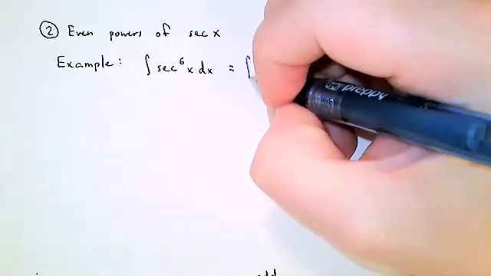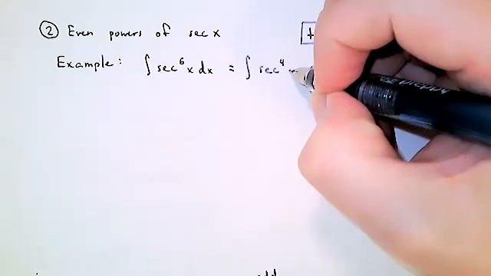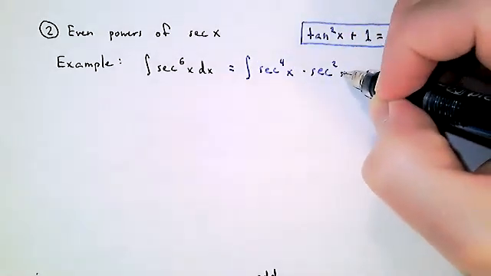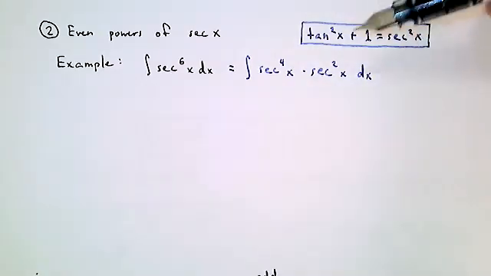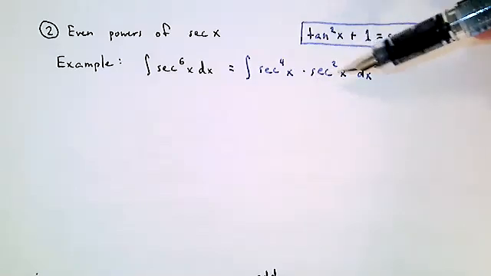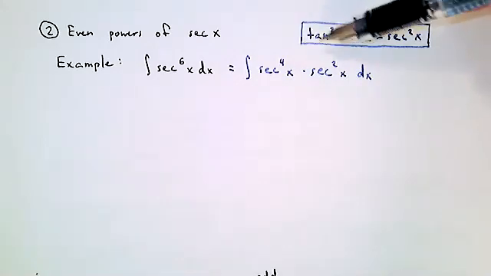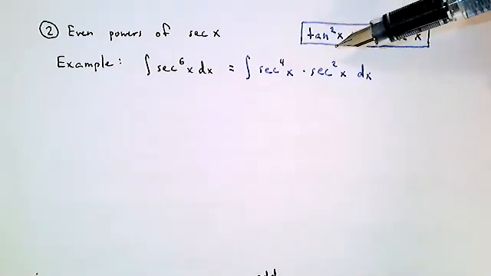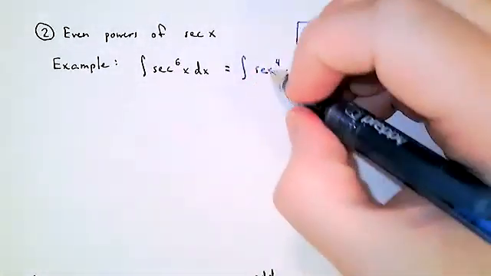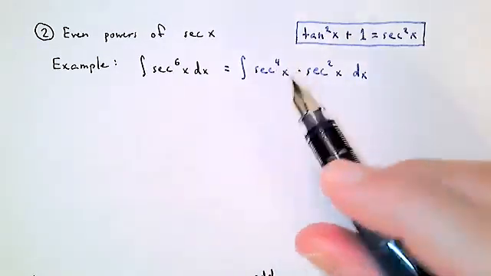So what I mean is something like this. We'll have a secant to the 4th times a secant squared. So this secant squared we're going to leave alone because it's going to eventually become a du. And these other powers of secant I want to convert into tangents, which will become my u in my u substitution. So remember, a 4th power is really a squared squared.